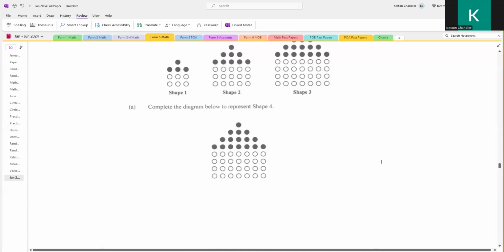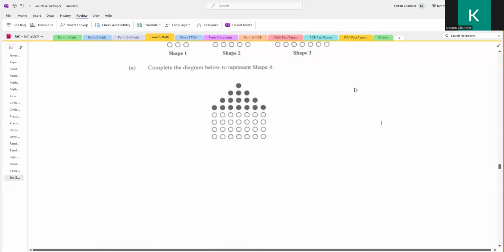So this is what the shape would look like. Right, so add another row on the outside here and one alongside that.